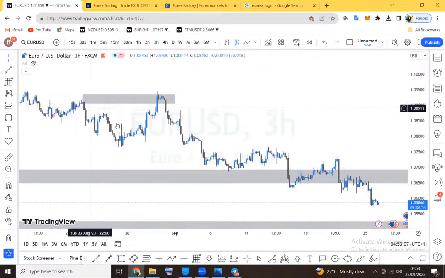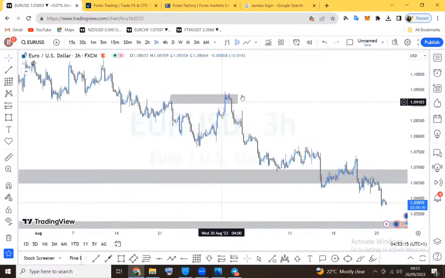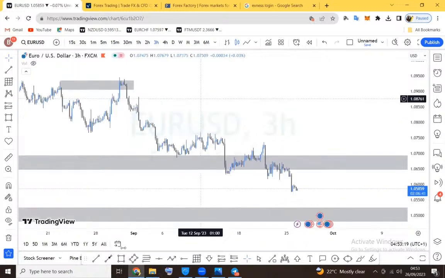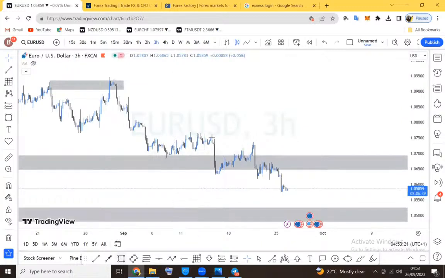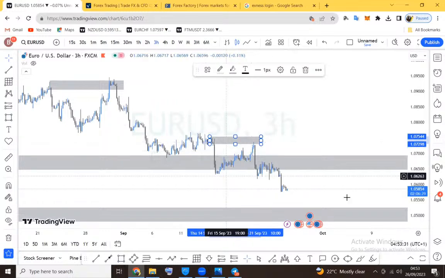So if you are trading this, you should be able to spot areas where you have significant institutional volume flow, like at this very point here, where price came back to fill remaining orders left by institutions. And again, we have another scenario of an institutional volume injection here, and price came back to retest that structure. So this is a basic methodology that could be used here for your trade executions.